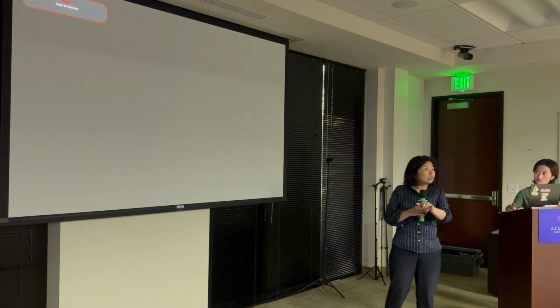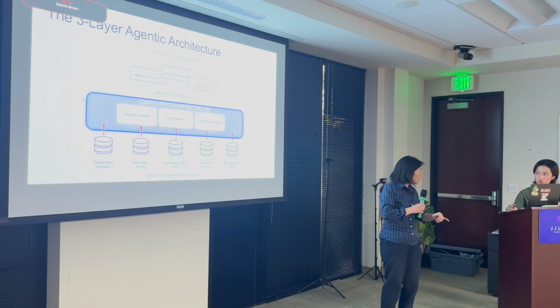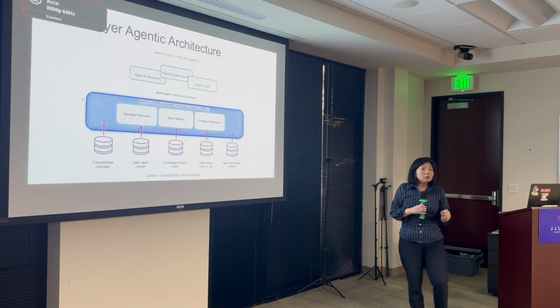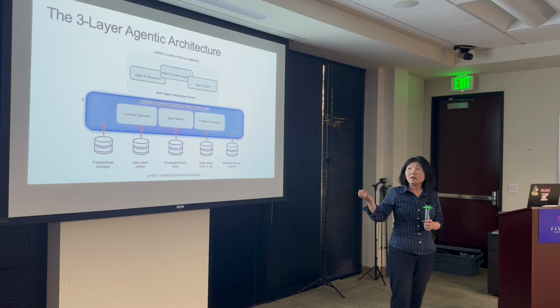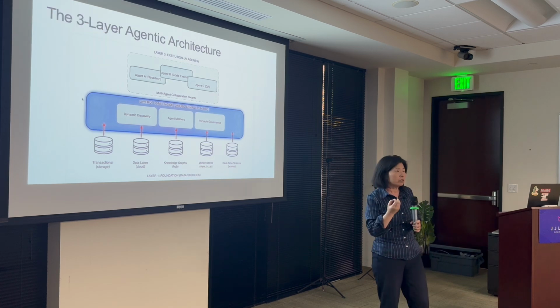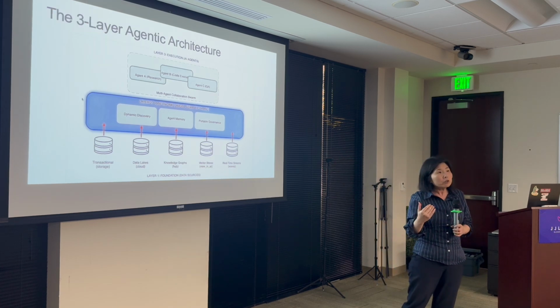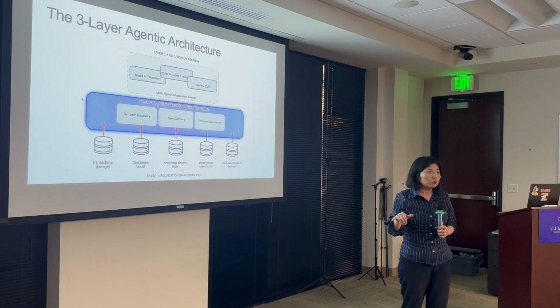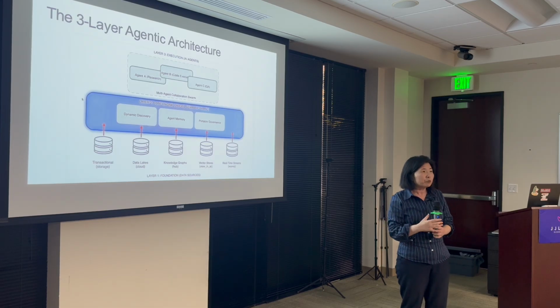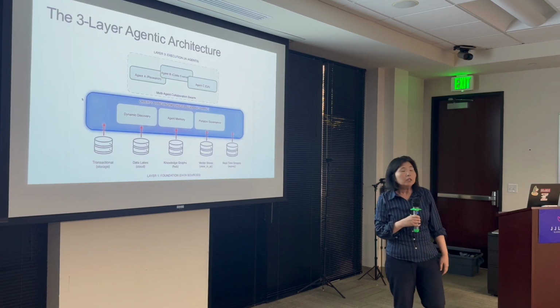And then the third part on the right, which the previous speaker actually mentioned, is the so-called governance. Data governance or protocol. A protocol basically tells you what kind of data this agent can access, what kind of rules, how they communicate with each other, what data can be shared.